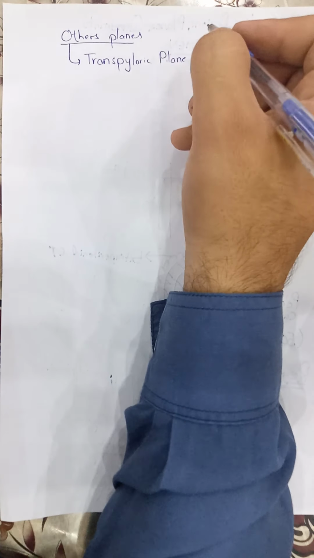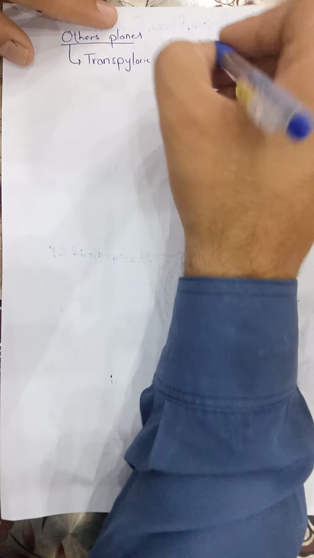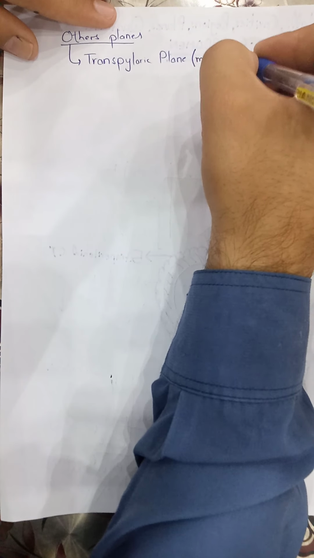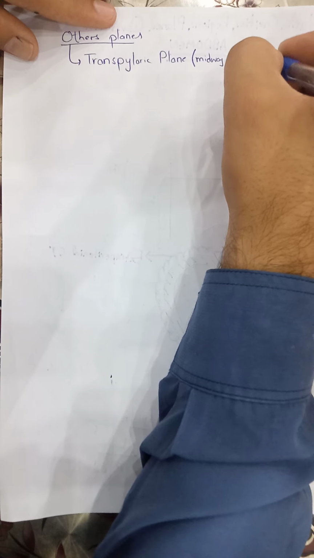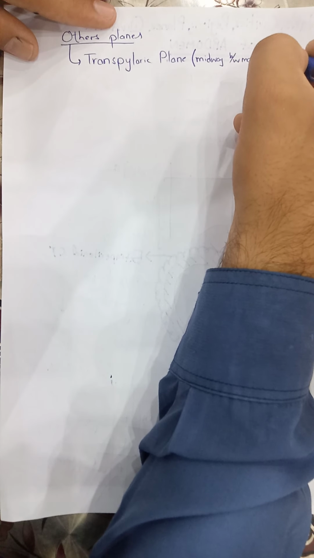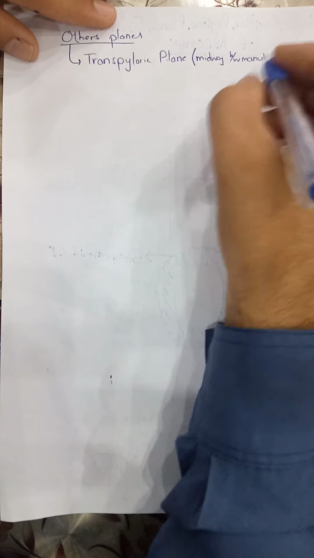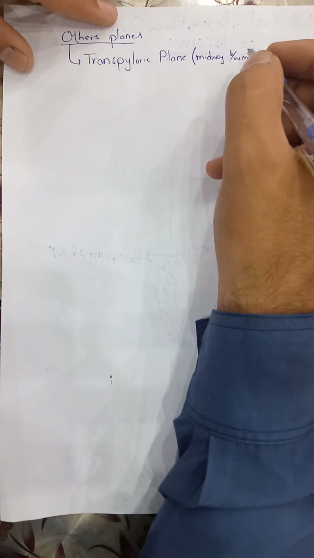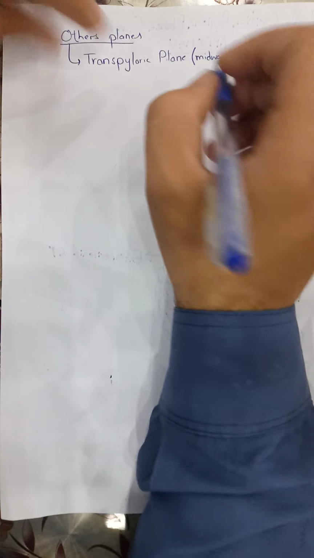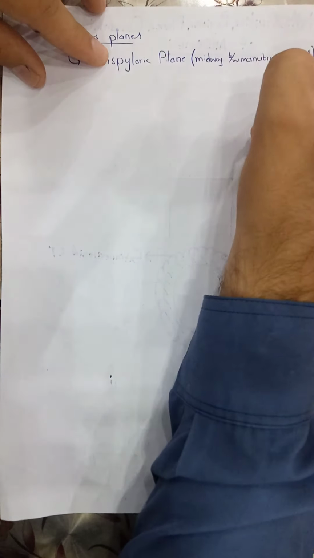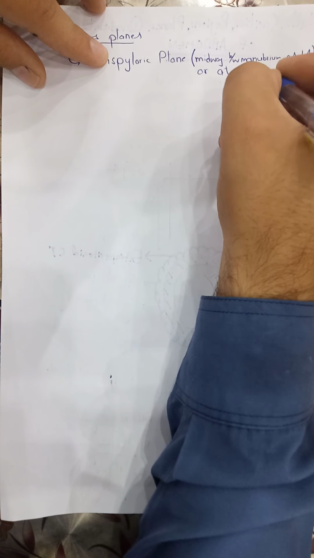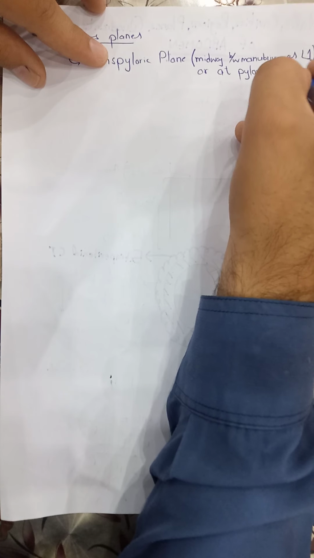This transpyloric plane, it is present midway between the manubrium and the L1 vertebra, or we can say that at the pylorus of the stomach.